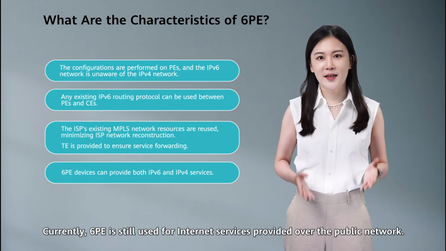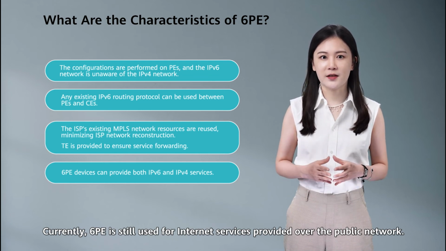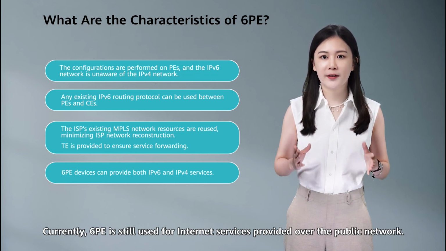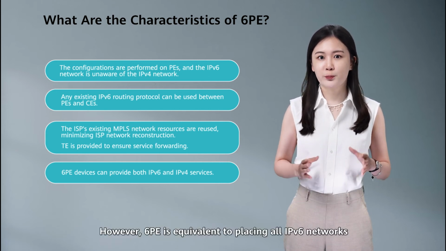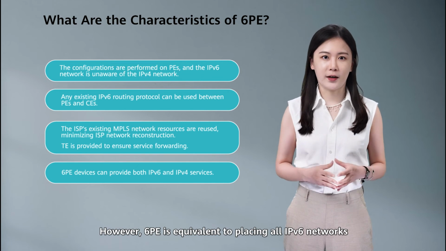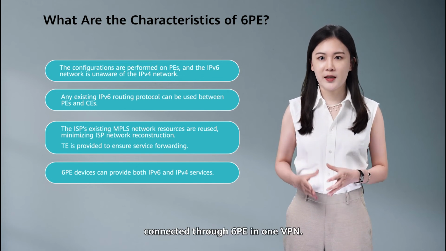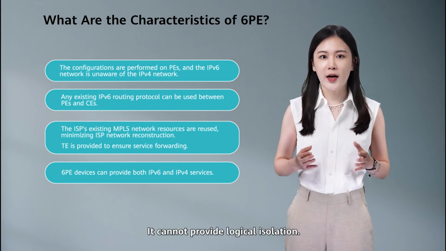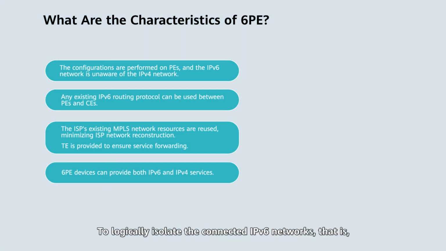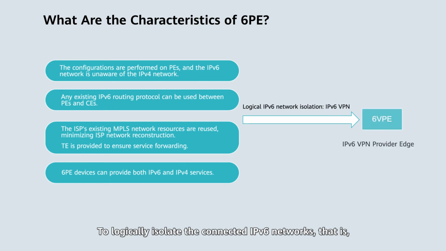Currently, 6PE is still used for Internet services provided over the public network. However, 6PE is equivalent to placing all IPv6 networks connected through 6PE in one VPN. It cannot provide logical isolation. To logically isolate the connected IPv6 networks, that is, to implement IPv6 VPN, 6VPE is introduced.